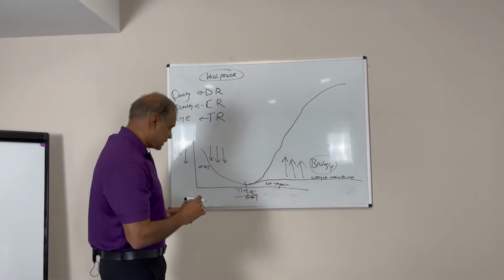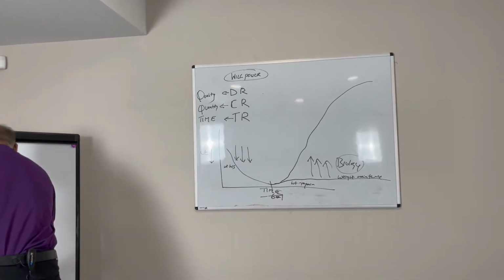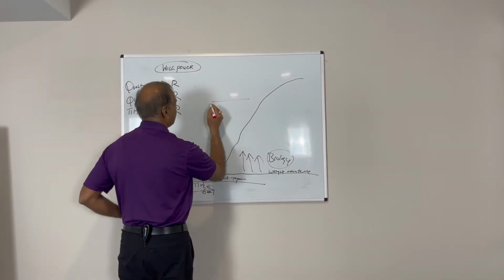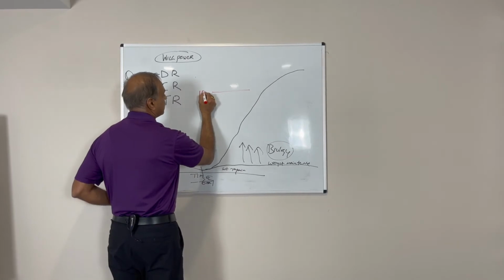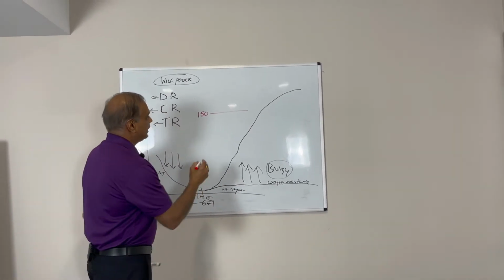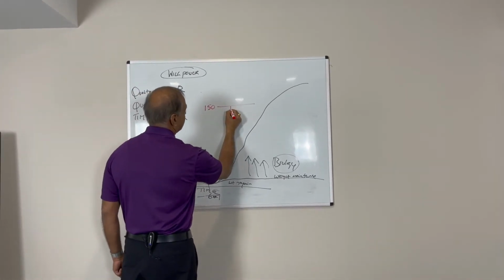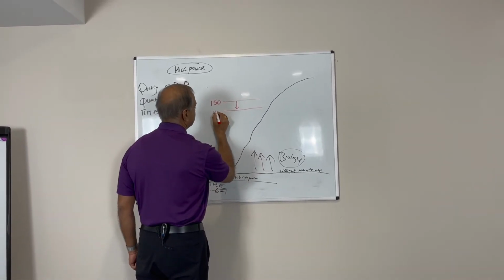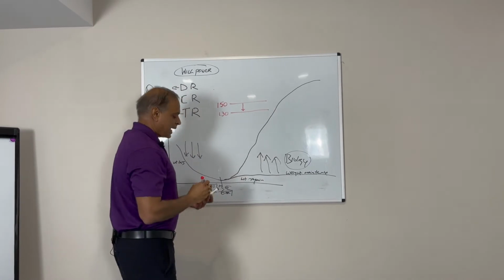So let's say, for instance, this is how the body works. Let's say your weight is 150 pounds. And if you use this willpower and go down to 130 pounds, what happens?